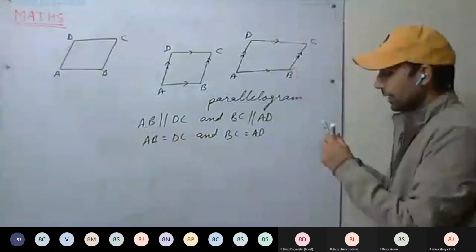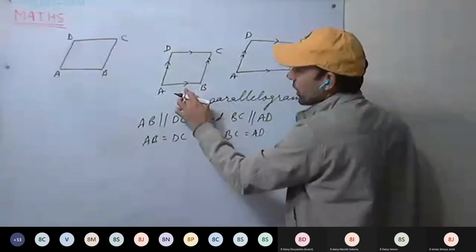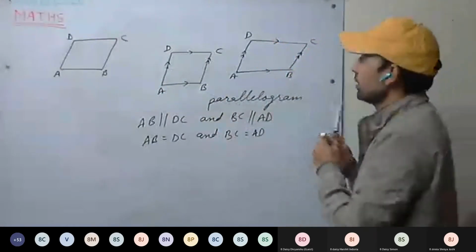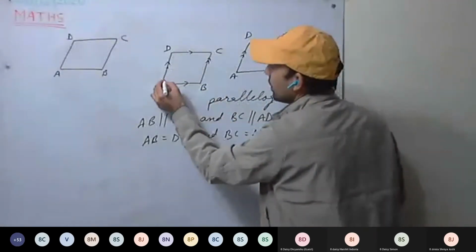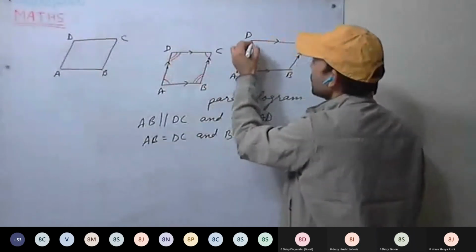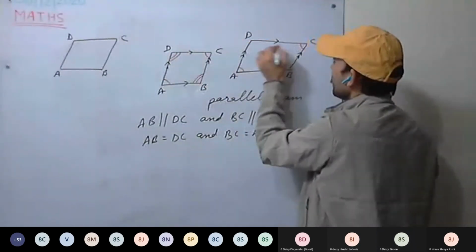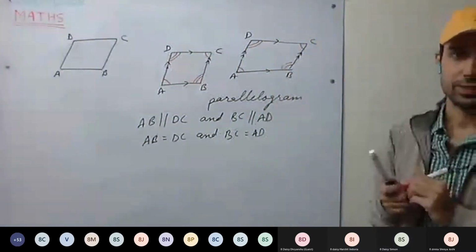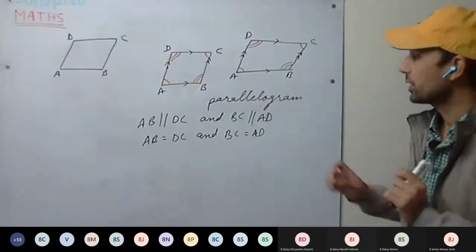Now see here. Opposite sides are equal, opposite sides are parallel. As well, opposite angles are equal. You can see it like this.